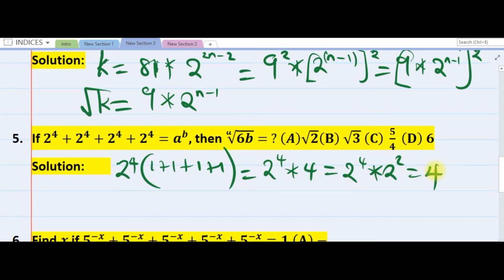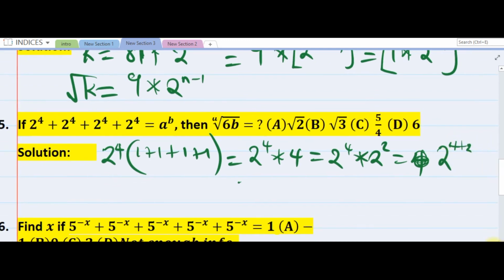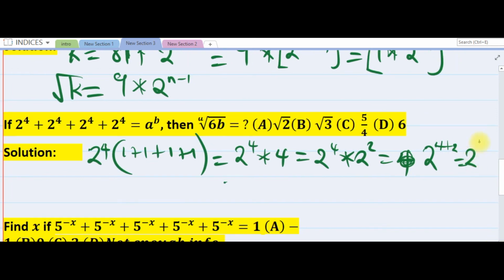Finally, I can bring the powers together: 2 raised to power 4 plus 2, which is 2 raised to power 6.